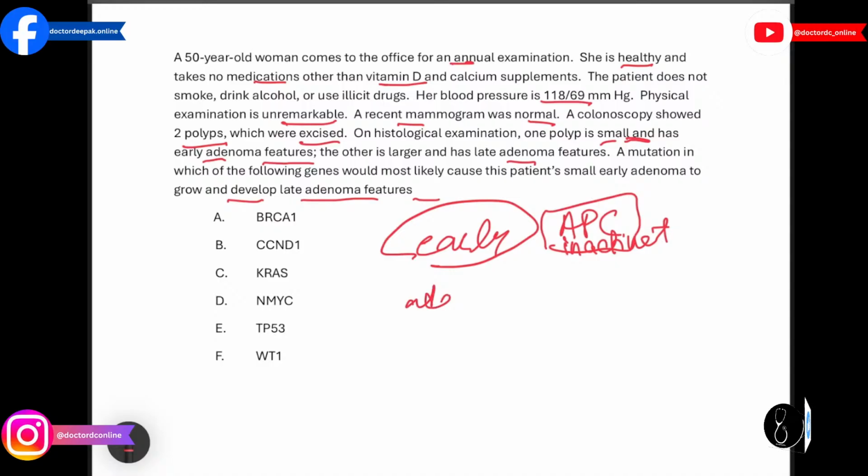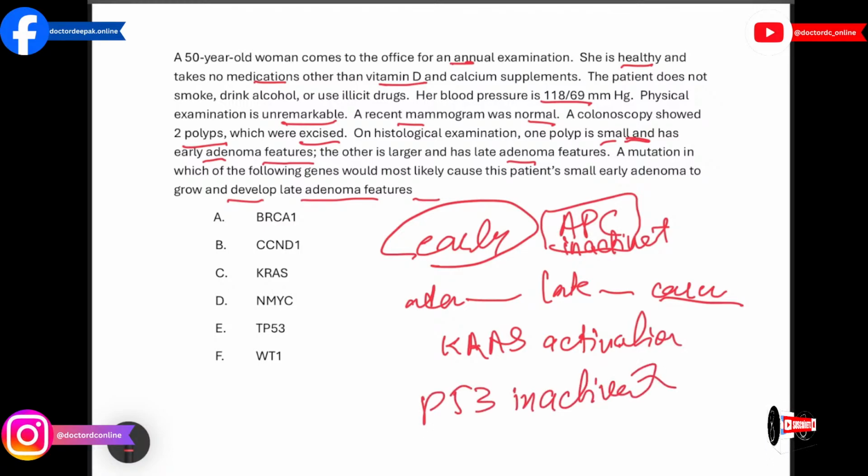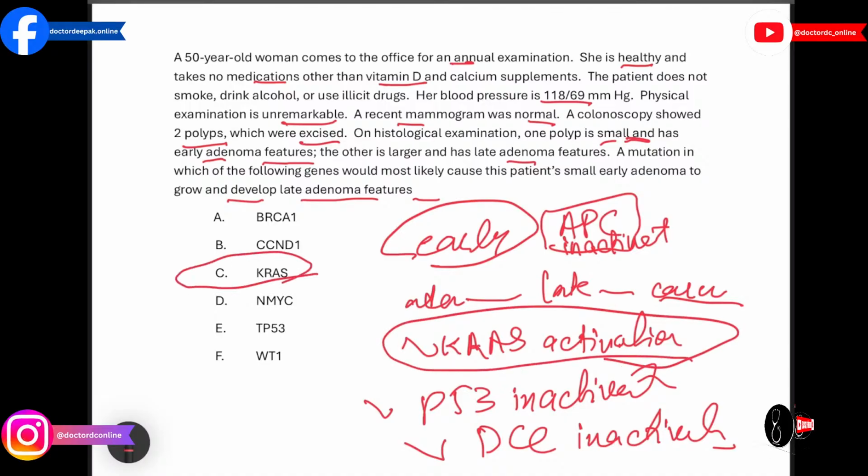Further, for the adenoma progression, early adenoma to late adenoma, or adenoma to carcinoma, it's due to some genes: KRAS activation, P53 inactivation, and DCC inactivation. These genes are responsible for the early adenoma to late adenoma, and also for the adenoma to cancer progression. The most perfect answer is KRAS activation.